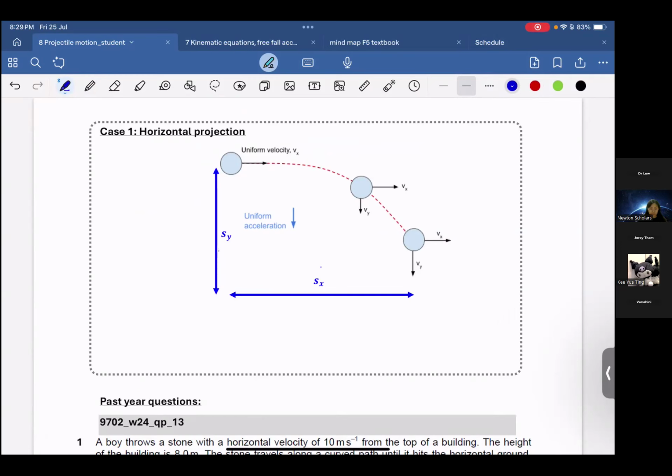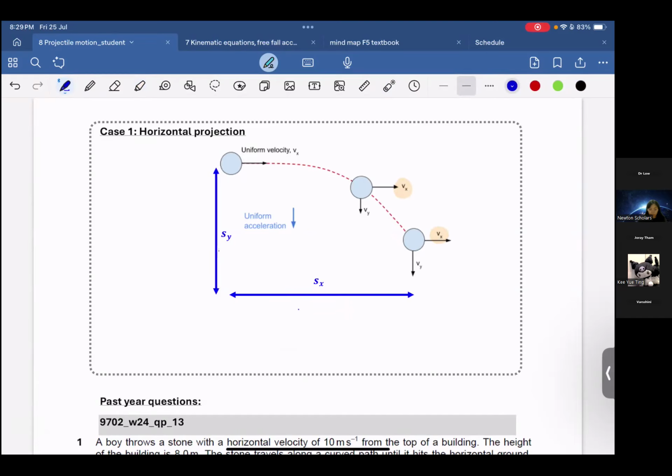Here we talk about the Sx first, the horizontal part, which is this part, because x is horizontal. You have to be very clear. Your U and V will be the same all the time, this horizontal one all the time.